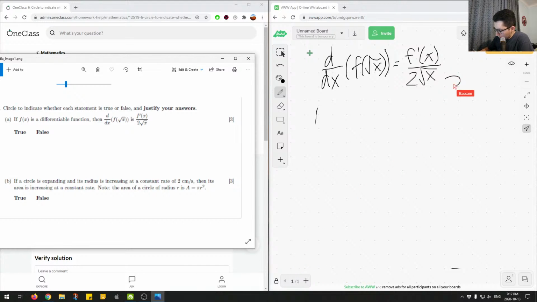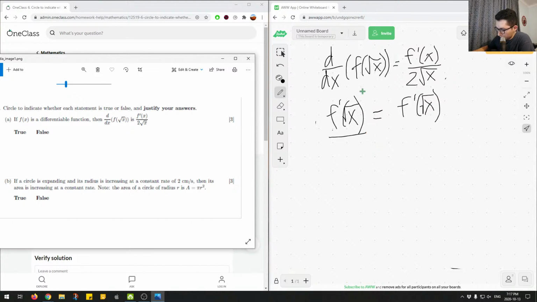So what we can think about here is if we just took the derivative of f of x, we know that would be the derivative of the function square root of x, so the derivative of this multiplied by the inside.